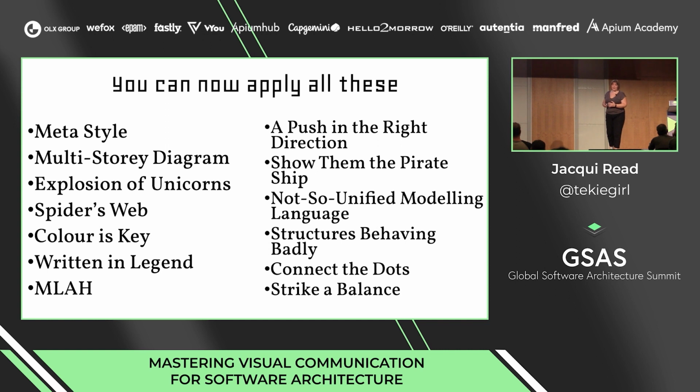Connect the dots: this was connecting all your levels of abstraction. Make sure that people don't have to fight to find information in your diagrams. And then strike a balance: add some polish to your diagram. Balance it visually, and try to balance the content as well. You're going to make people a lot happier.